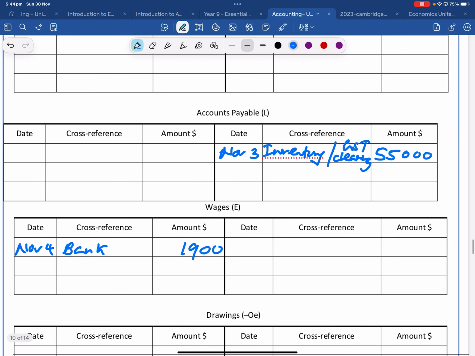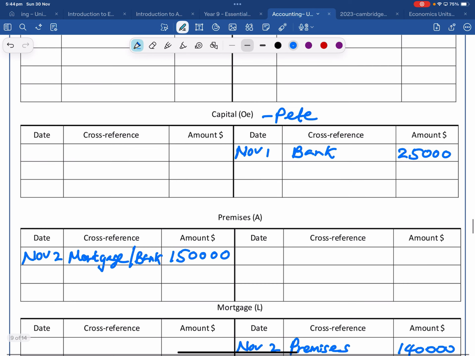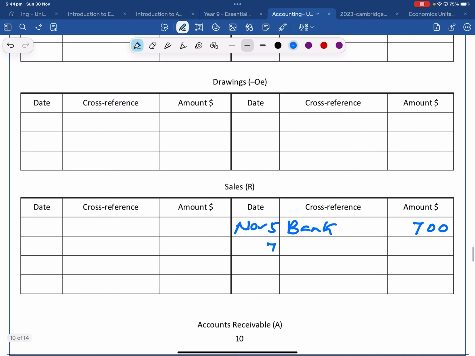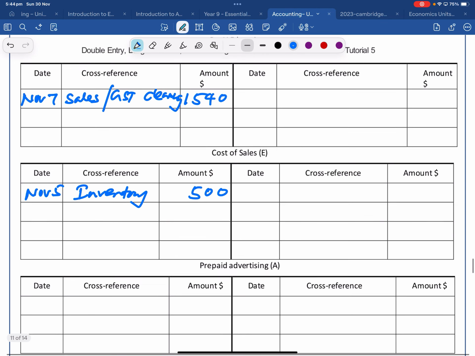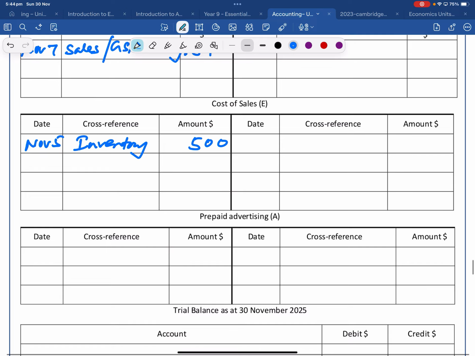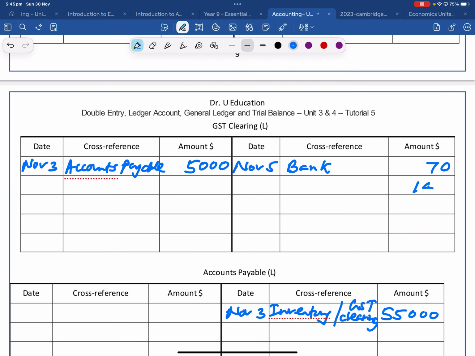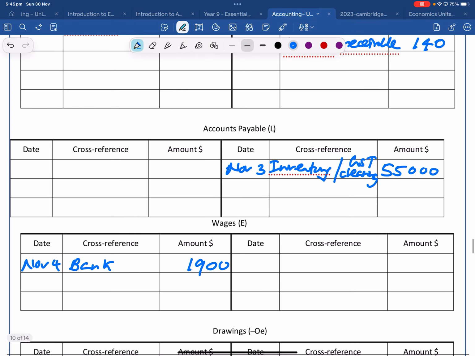Then sorry, before that, revenue, sales. November 7th, accounts receivable, 1,400, GST, 140, 7th, accounts receivable, 140.